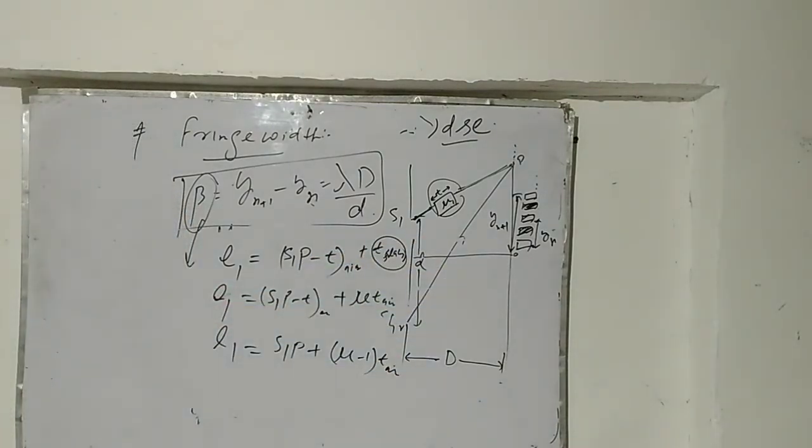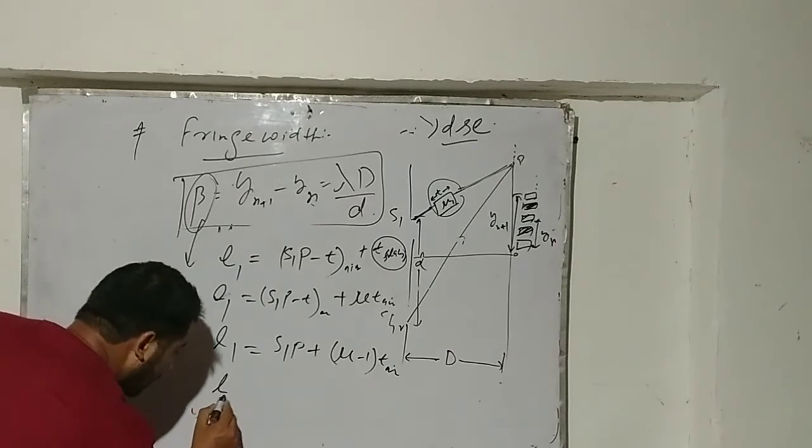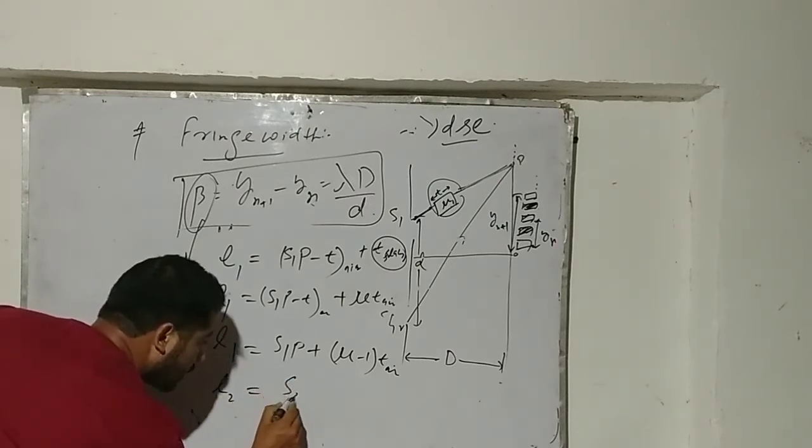Now the path length for the light ray that passes through the slit second, that's L2, is simply S2P.